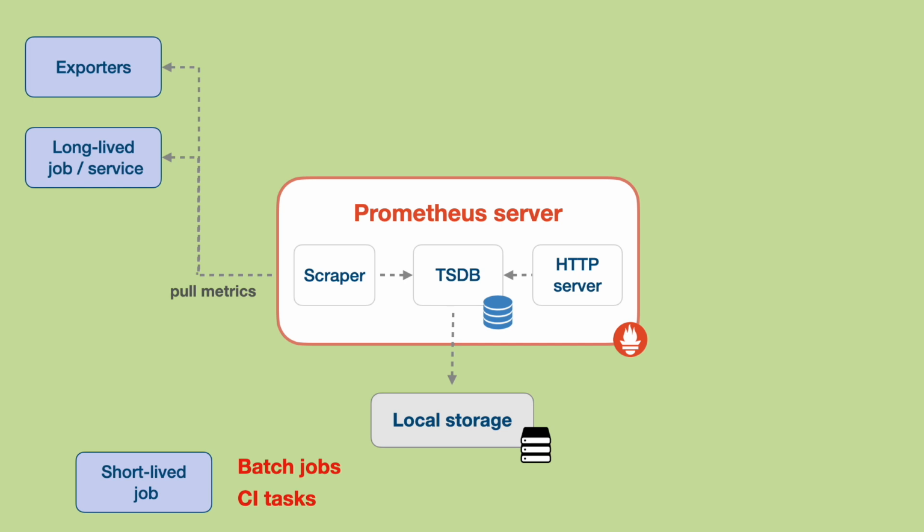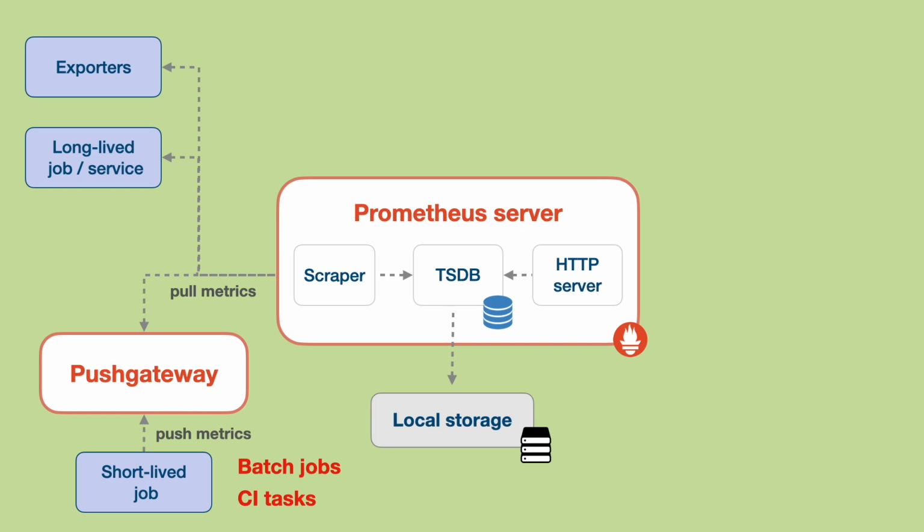In such cases, the job can push its metrics to the Prometheus push gateway. The push gateway stores these metrics temporarily and then exposes them via an HTTP endpoint. Prometheus then scrapes the push gateway like any other target. This allows metrics from short-lived processes to be collected even after the job has finished.